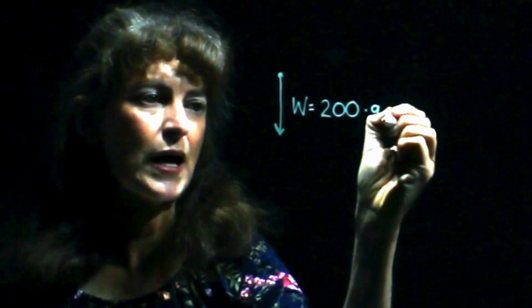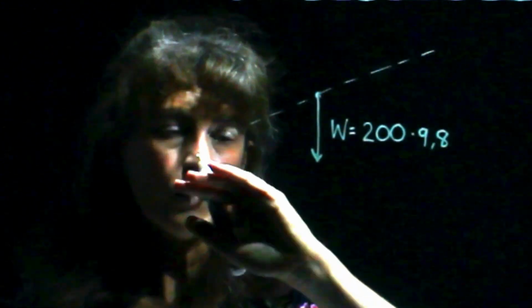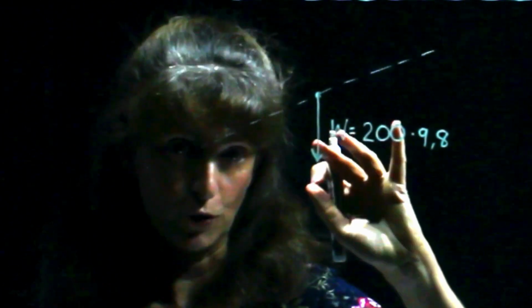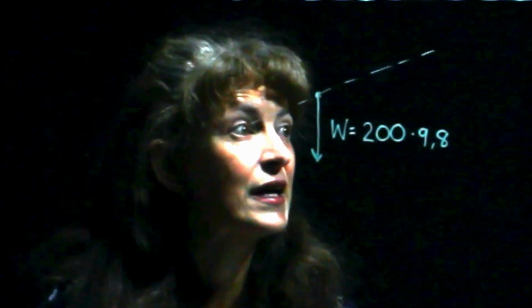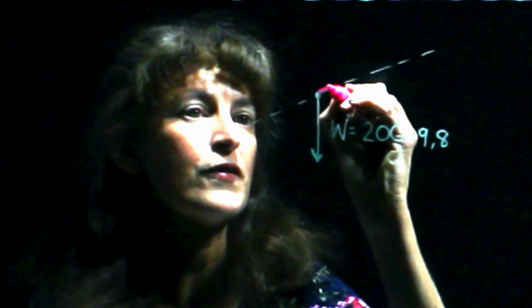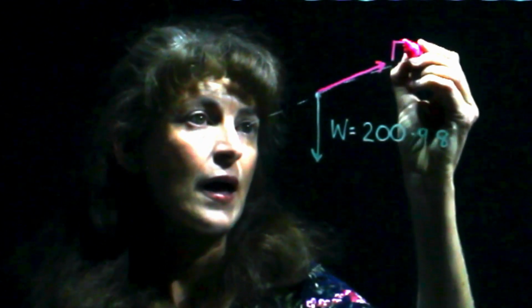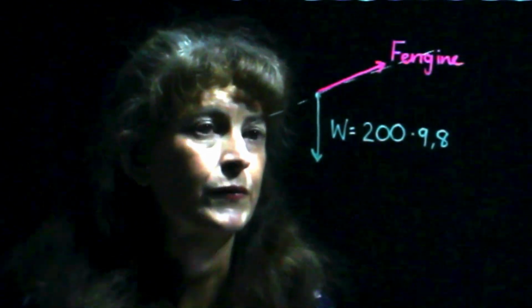G is 9,8 meters per second squared. All the other forces act either parallel or perpendicular to the slope. What are these forces? Well, there's the one that we're really interested in, the force of the engine. That acts up the slope. And that is the one we're trying to find out.